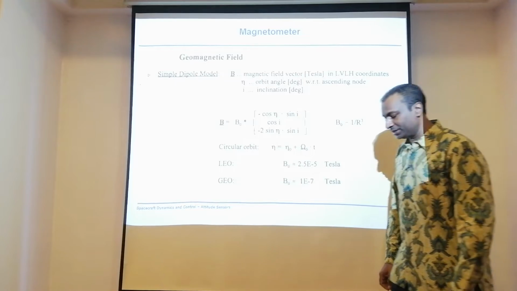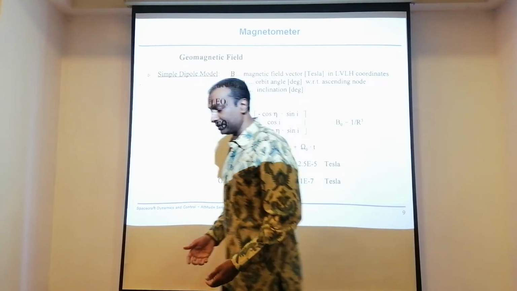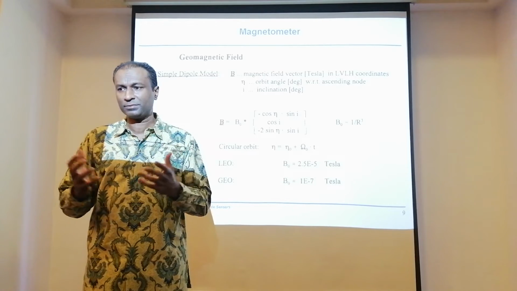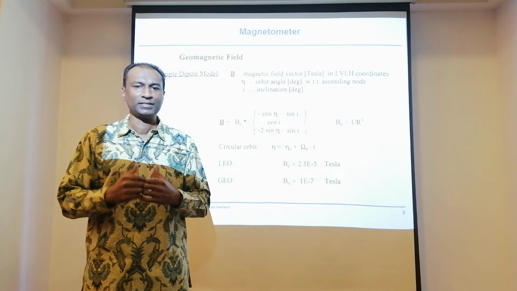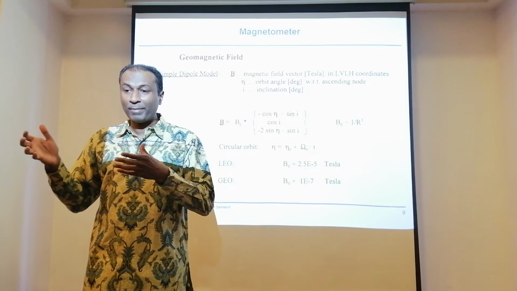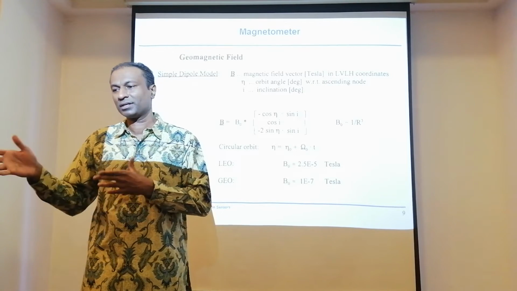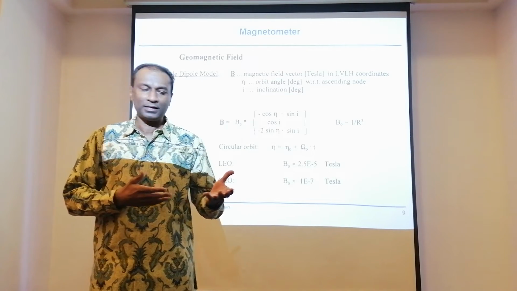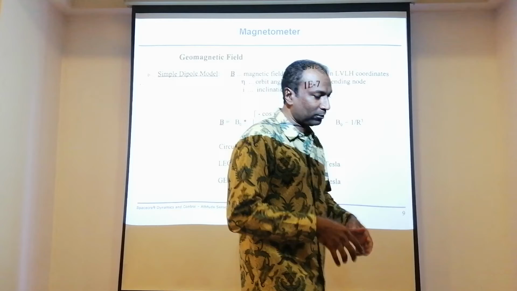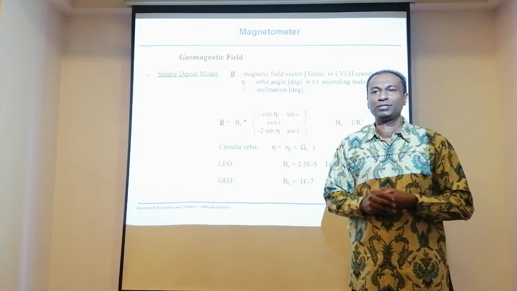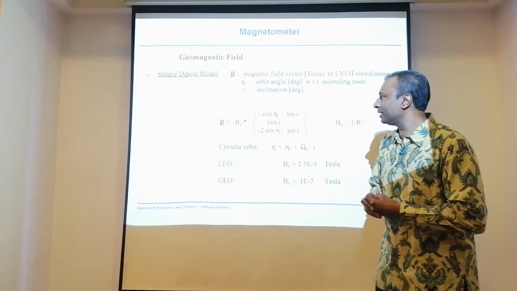Magnetometers. Now, magnetometers, as we have discussed, the magnetic field disturbs us in terms of disturbance. But on the other hand, we also have magnetotorquers, where we use the magnetic field to benefit the actuation. On top of it, the magnetic field allows us to do attitude estimation. Now, how does this work?